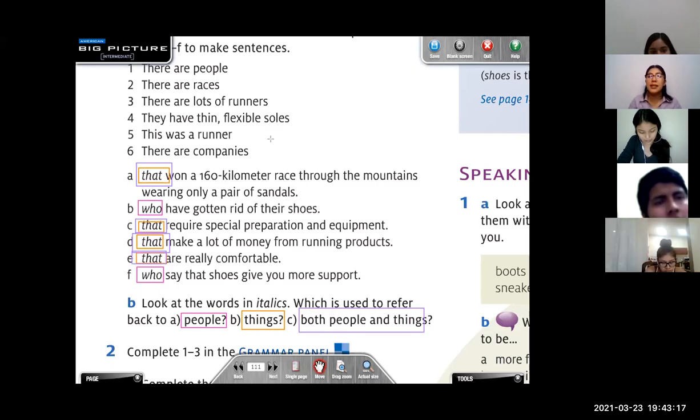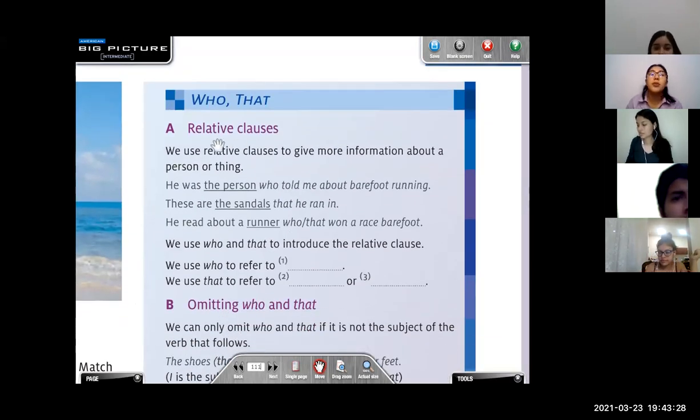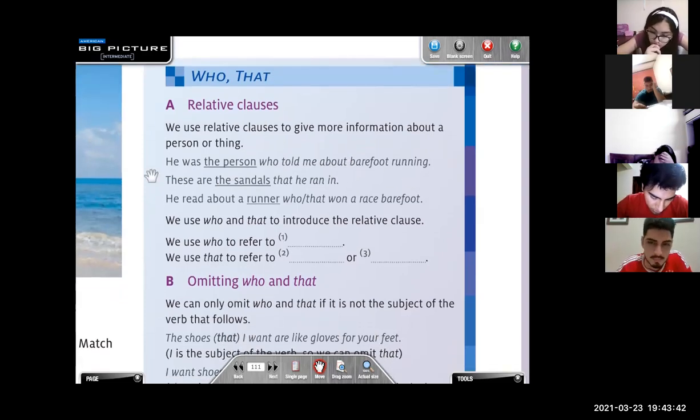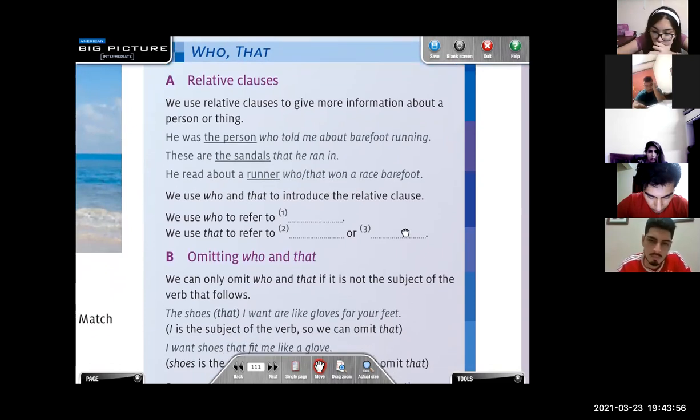We are going to complete the grammar panel with these examples, okay? Let's check the grammar panel. It says, relative clauses. We use relative clauses to give more information about a person or thing, okay? For example, he was the person who told me about barefoot running. There are the sandals that he ran in. He read about a runner who or that won a race barefoot.